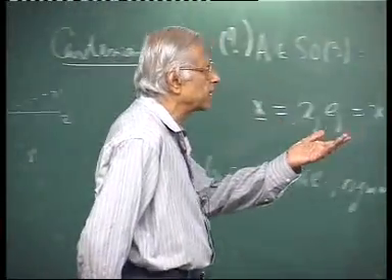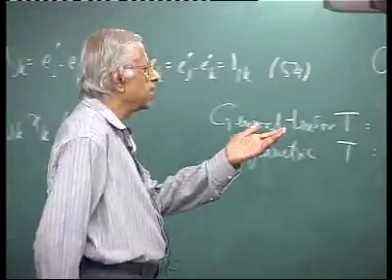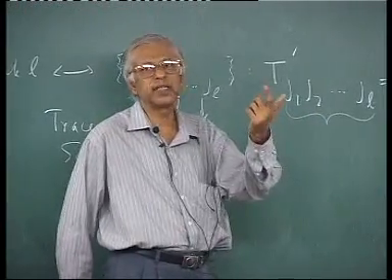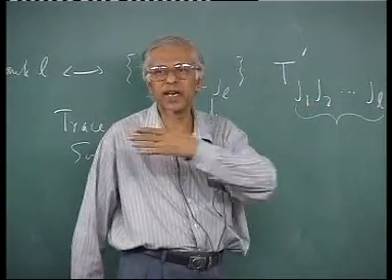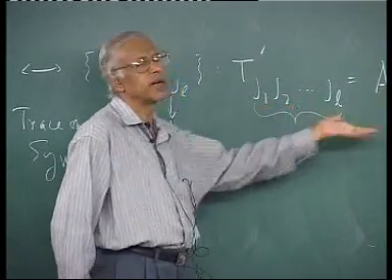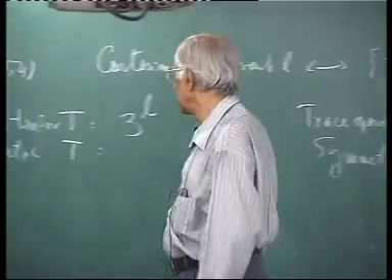Every component is completely determined if you know how many of the j's have the value 1, and how many j's have value 2. It doesn't matter where they are located. Once you know how many 1s there are and how many 2s there are, the balance will have to be 3s.